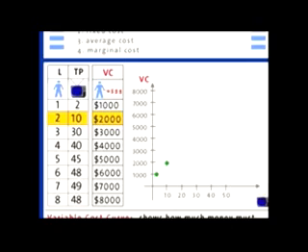Remember before, I told you that this point is inefficient because you can produce the same number of televisions with less money spent on labor. That's why I'm putting an X on this point. We're not going to consider this point on the variable cost curve because no firm in its right mind would ever operate at that point.